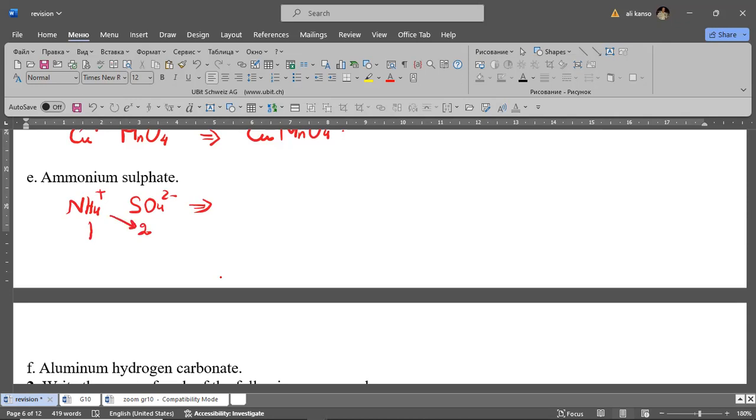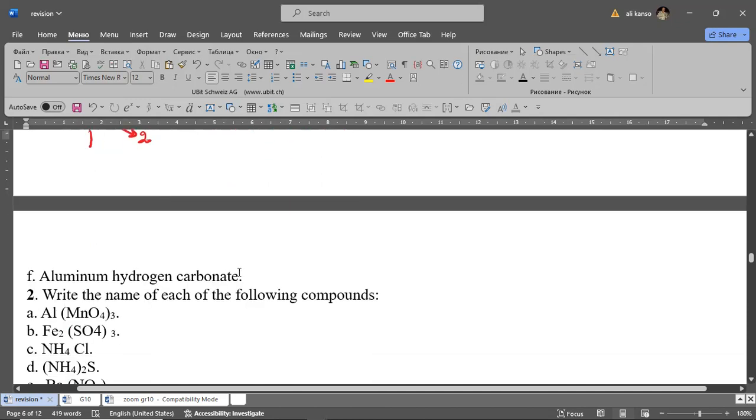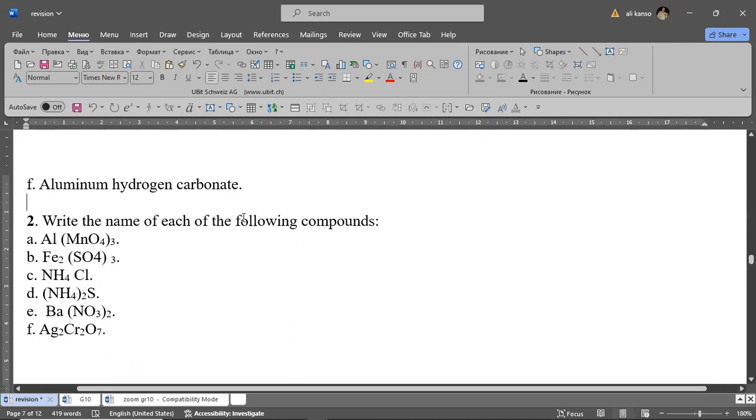This group will be 2, (NH4)2, all of it 2 times, SO4 just 1. Okay. The crisscross is just to balance the charges. Here we have 2 plus equal or balanced to 2 minus. This is what we need in order to make them neutral.